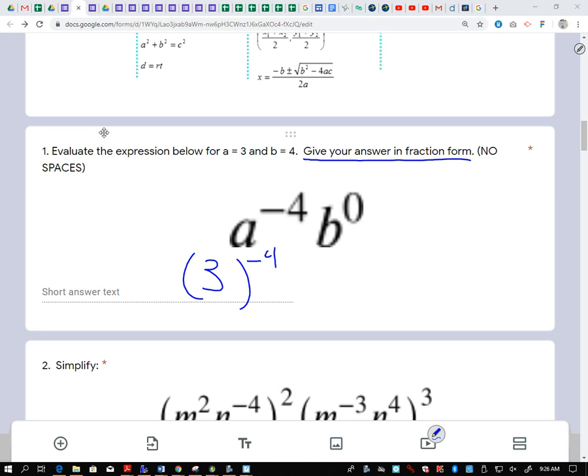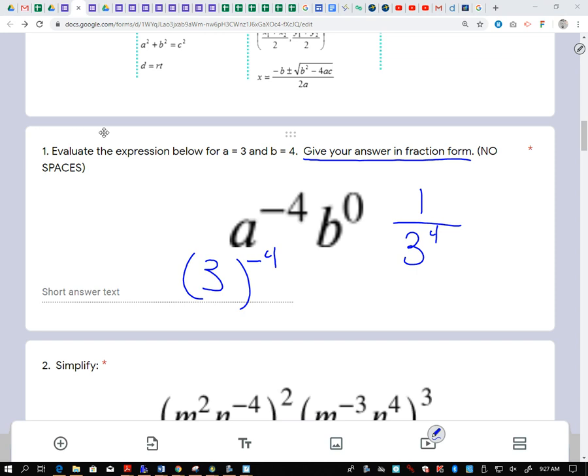How do I get that to be a positive exponent? Put the 1 as a numerator in the fraction. Okay, good. Now what? Where do I put 3 to the 4th power? Good. 3 to the 4th goes into the denominator, so I've got at least one person.